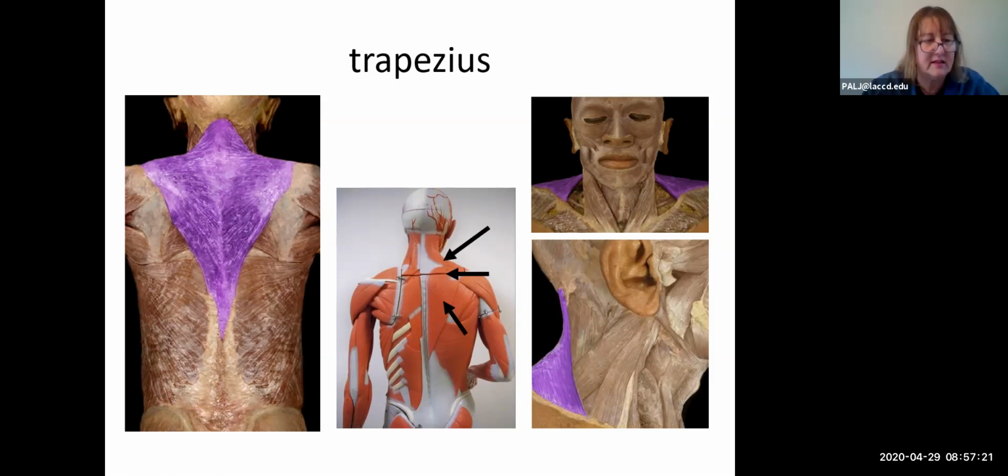So when they contract, they would be doing a different action than these muscles up here, which are going from an upper inner to a lower outer. They're like doing opposite actions. And then in between those upper and those lower fibers, these middle fibers here are almost in a horizontal plane. So when they contract, they would be doing a different action.